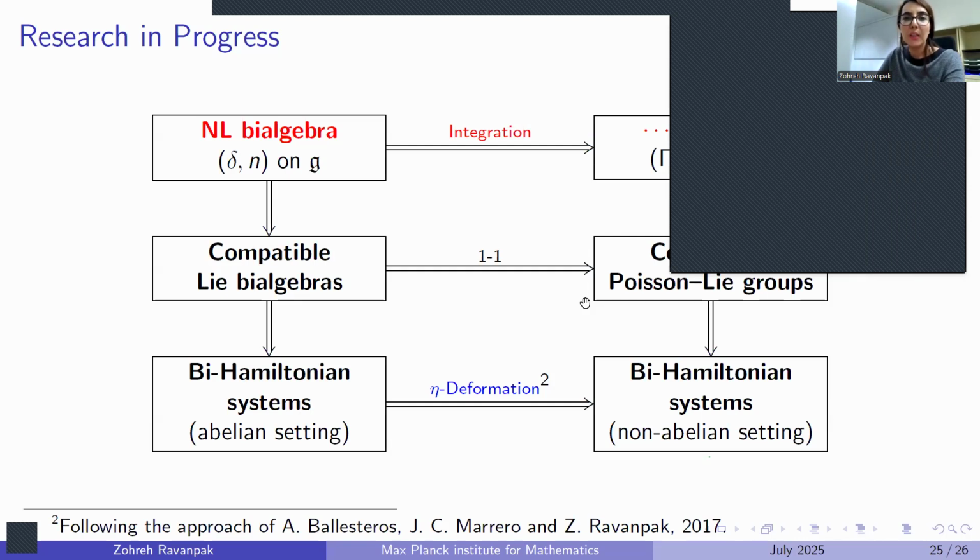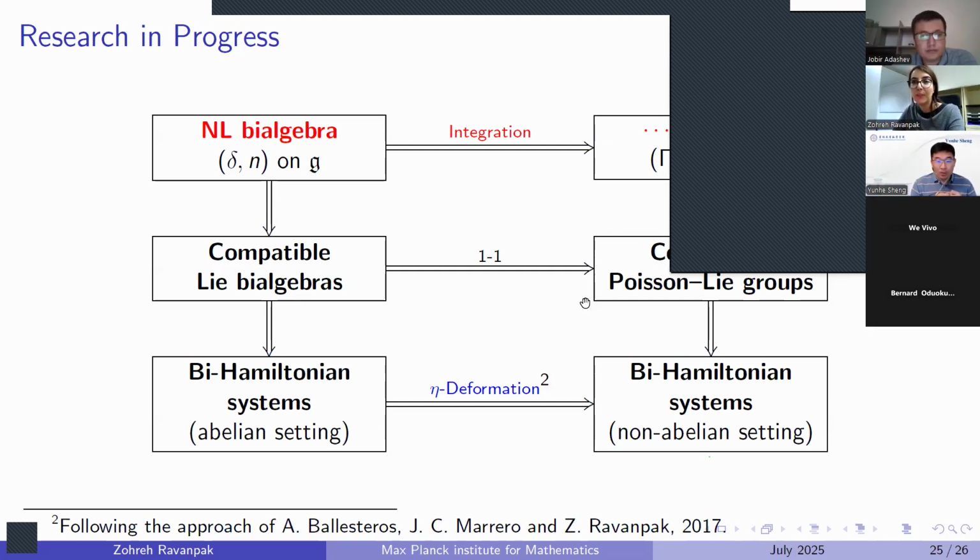Actually, in this picture, otherwise we will not get a compatible Poisson Lie group. Compatible bialgebras are in one-to-one correspondence with compatible Poisson groups. Two Poisson structures are compatible if the Schouten-Nijenhuis bracket of those is 0, and it means that the sum of those defines a new Poisson structure.